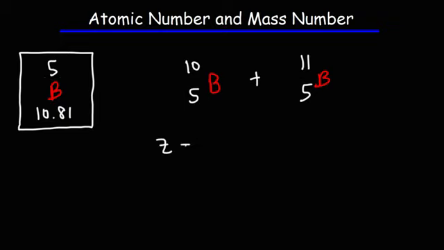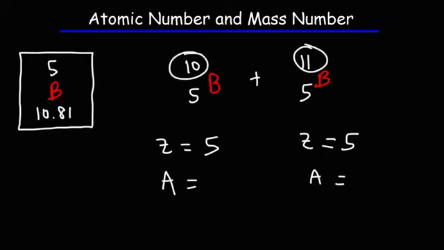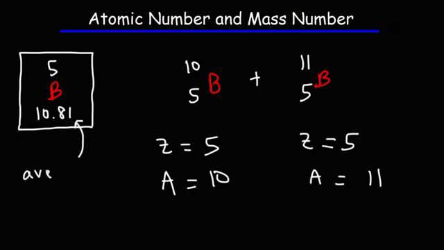The atomic number is 5, which means that boron has 5 protons. The mass number, represented by the symbol A, is different. It changes for different isotopes. Here the mass number is 10, and the mass number is 11 for that. This bottom number here is the average atomic mass.